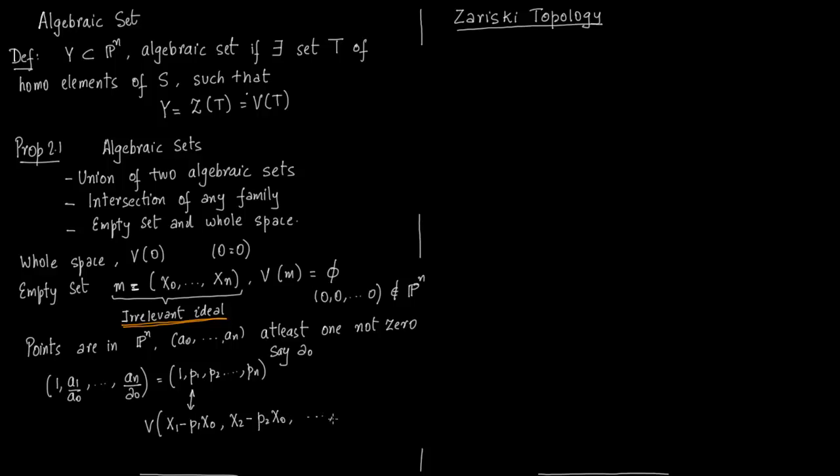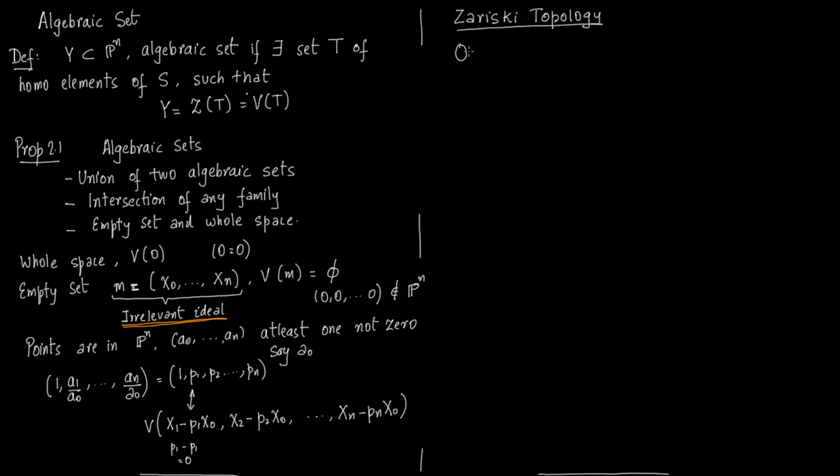Similarly, x2 minus p2 x0: plug in the coordinates, x0 is 1, x2 is p2, you get p2 minus p2, which is 0, and so on. So you see that points are also algebraic sets in Pn.